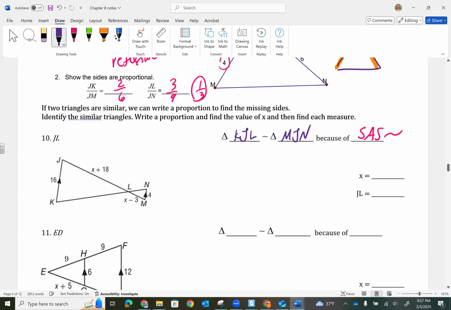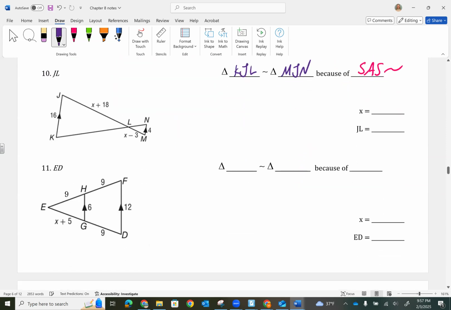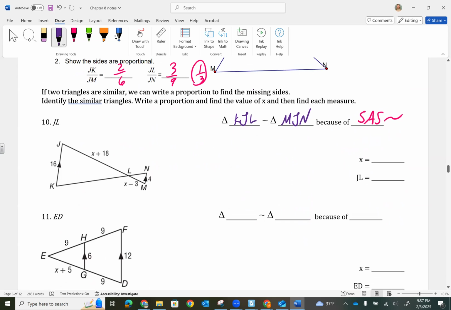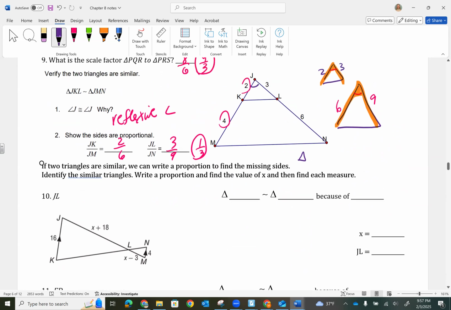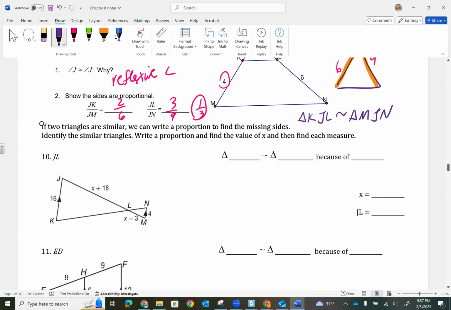Okay, so the bottom two, we're checking to say, are they similar? And if so, why? Oh, this goes with this one up here. So you could write triangle KJL is similar to triangle MJN. Okay, down below here, well, we know this angle is congruent to that.